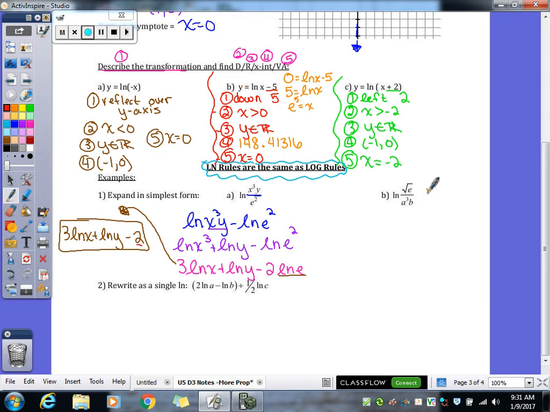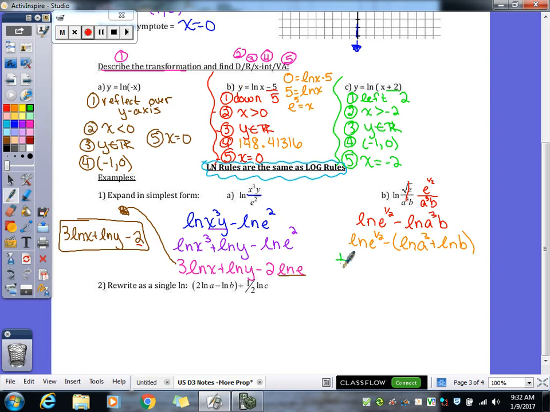Okay, over here, I'm going to first change this so it's an exponent as opposed to a radical. So now I'll do my division, ln of e to the 1/2 minus ln of a cubed b. And so now we will do our product rule, but since there's 2 of them after the subtraction sign, they were both in your denominator. So you want to put parentheses around it, because the parentheses, remember, shows you that they were both in the denominator.